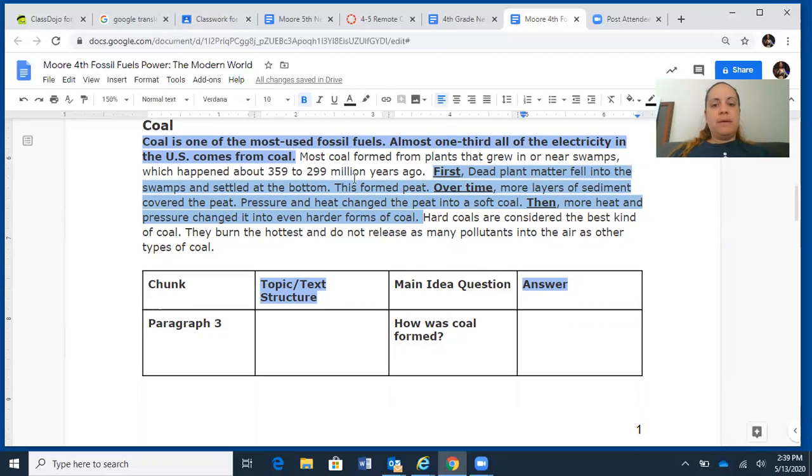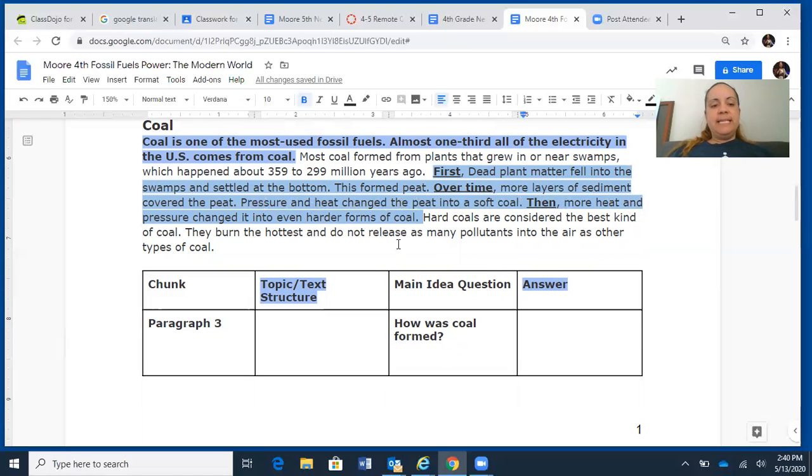Whoa, that was a long time ago. First, dead plant matter fell into the swamps and settled at the bottom. This formed peat. Over time, more layers of sediment covered the peat. Pressure and heat. So pressure is when it's pushed, and heat is when it's hot. Pressure and heat change the peat into soft coal.